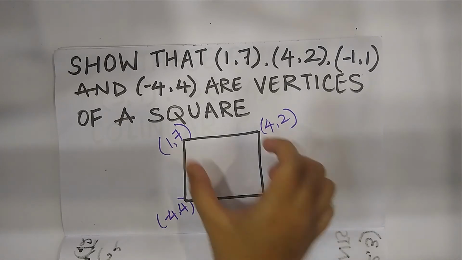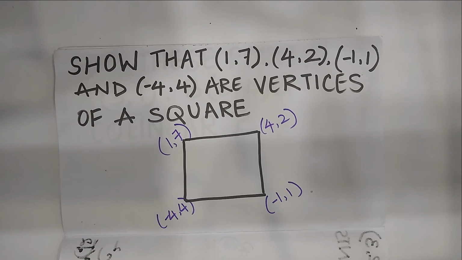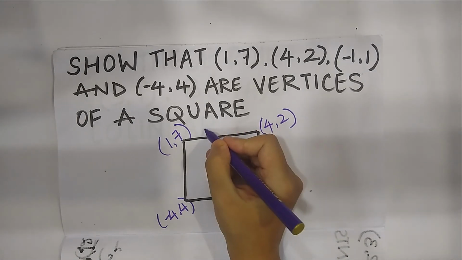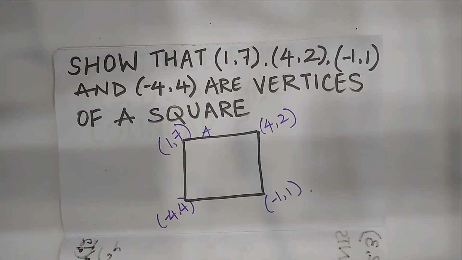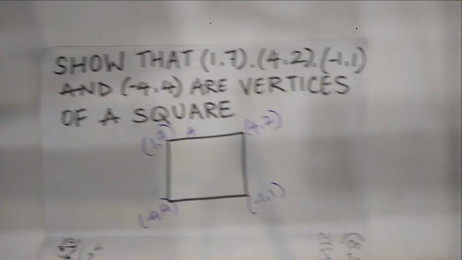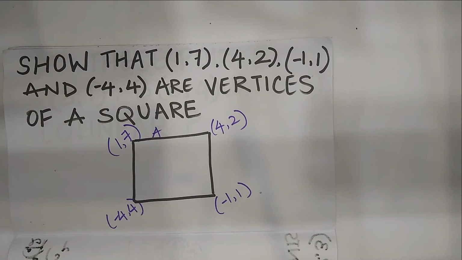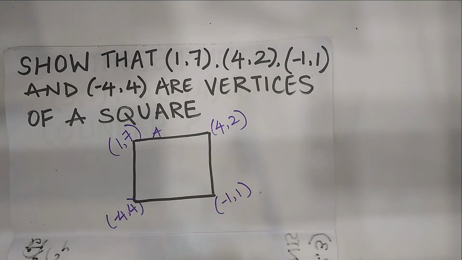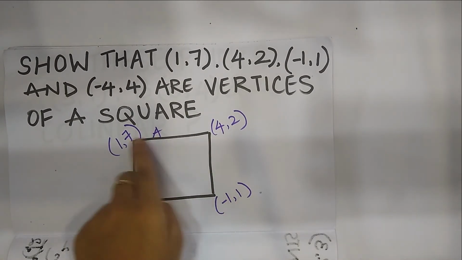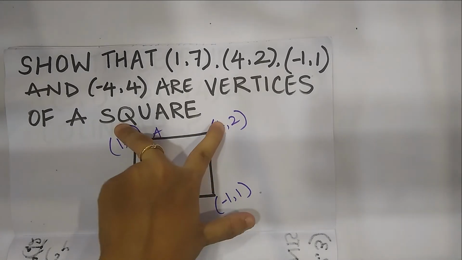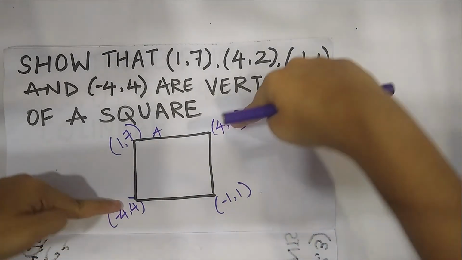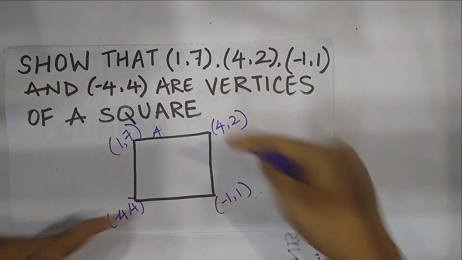So let us find the first side. Let me just name this side as A. So I have to find the distance here. So I use the distance formula, right? For the distance formula, I need these two coordinates because I'm trying to find the distance of A. I will not choose these two, right?